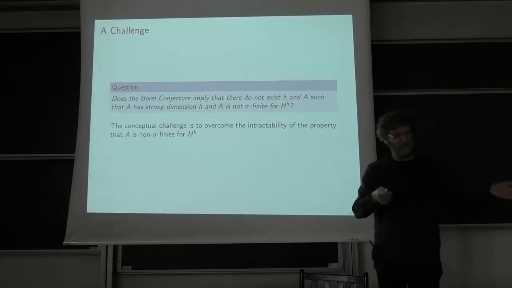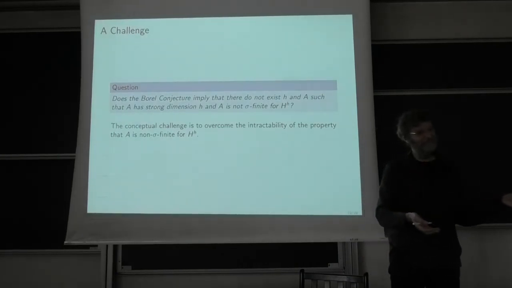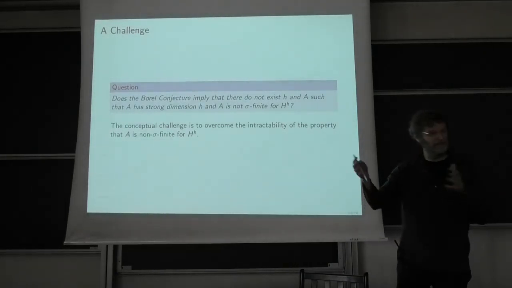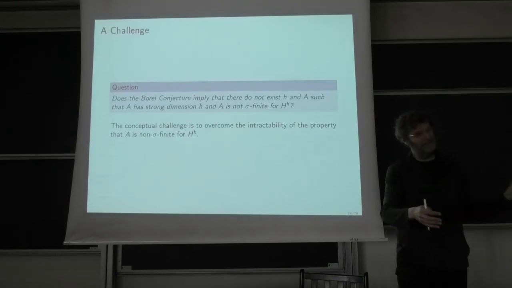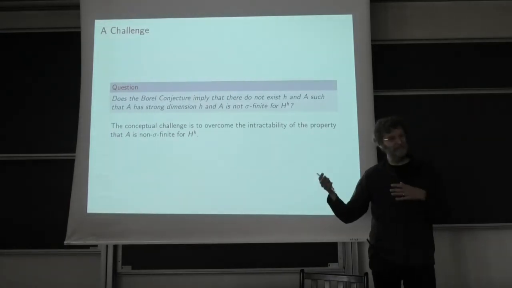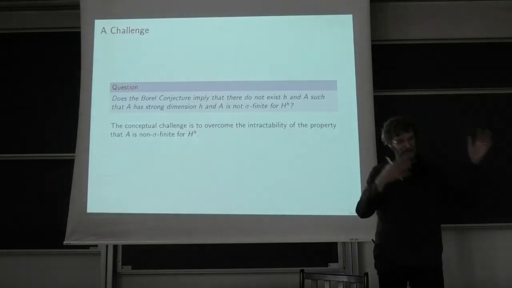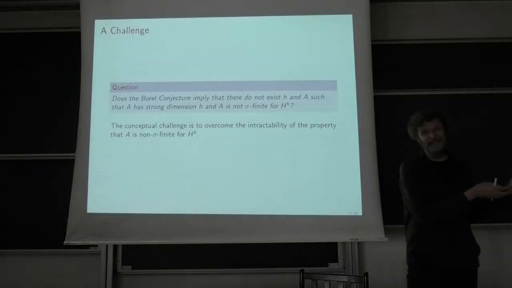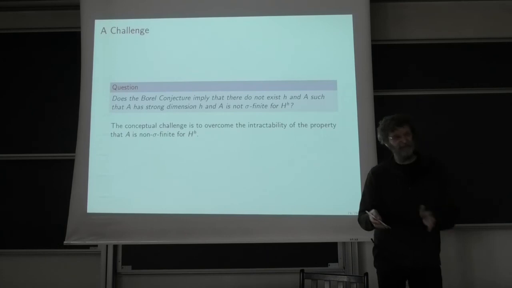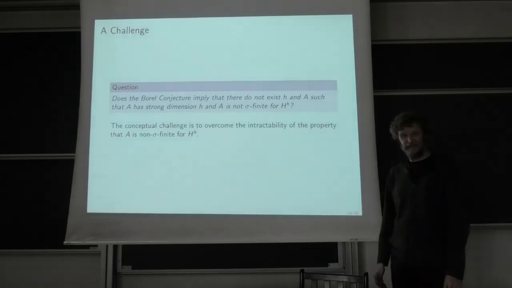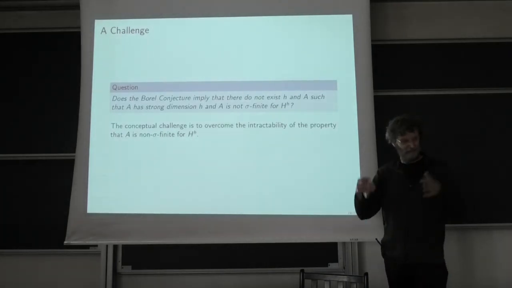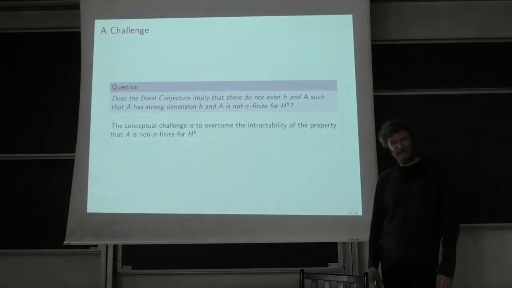It's already complicated to say what the measure is. The measure involves this inf over all these open covers. Now, to say that the measure is not sigma finite means that there's no way to decompose the set such that for each piece, the measure is finite. So there's no way to decompose the set so that the pieces have finite measure.